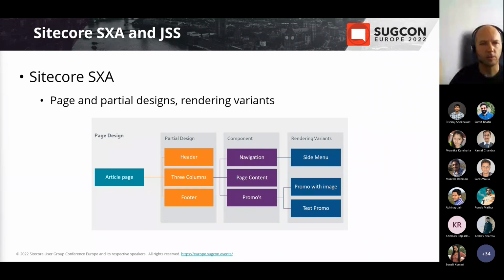Let's say when you create a new page, right? With the page and partial designs, you are giving this option to content editors to really nicely add components to the pages or to the partials, so they can more or less compose their pages based on their preferences. They can prepare these by themselves, and the developers don't need to bother.